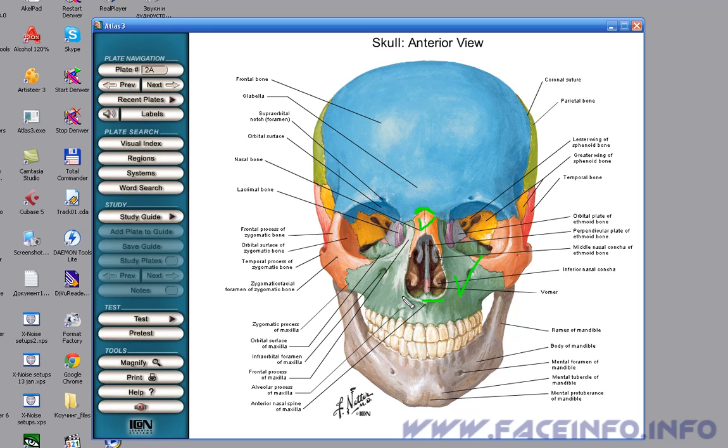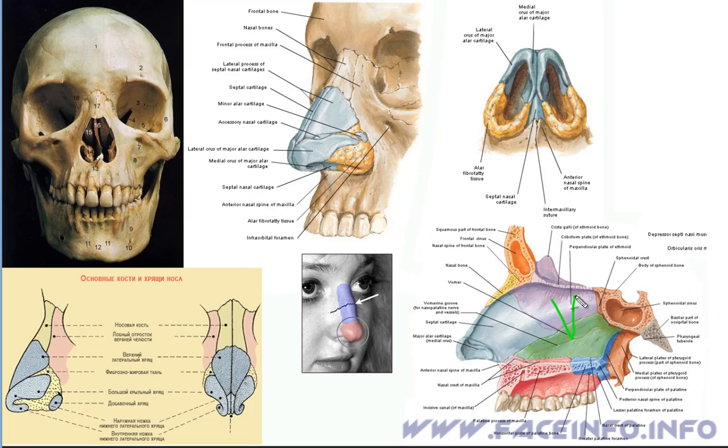This is the bony part of nasal septum, and this is its cartilage part. These are upper or superior lateral nasal cartilages, and these are major or greater or lower alar cartilages.